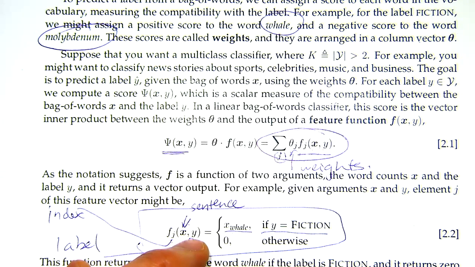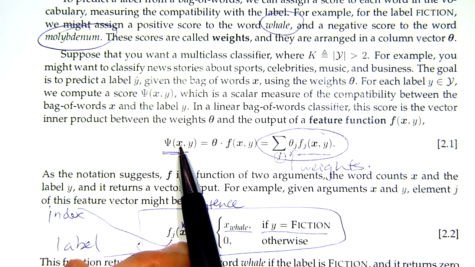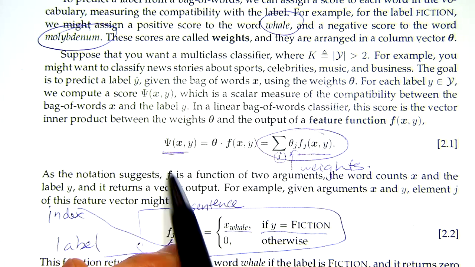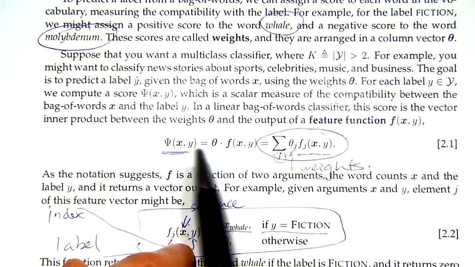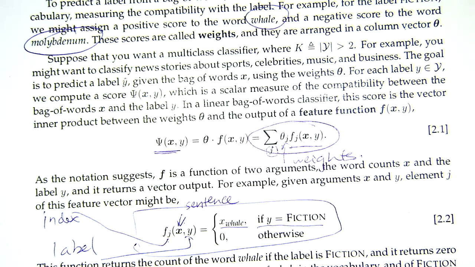When we train it on data, we try and learn these weights theta so that it makes the correct predictions, so that the score for document X is highest for the correct Y. So if that document is actually on fiction, then the score, the phi function for X and fiction, is a lot higher than the score function for X and any of the other topic labels, in this case, chemistry. So this is a standard way we do it.